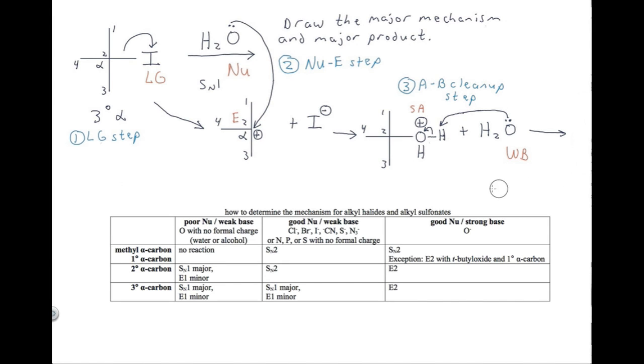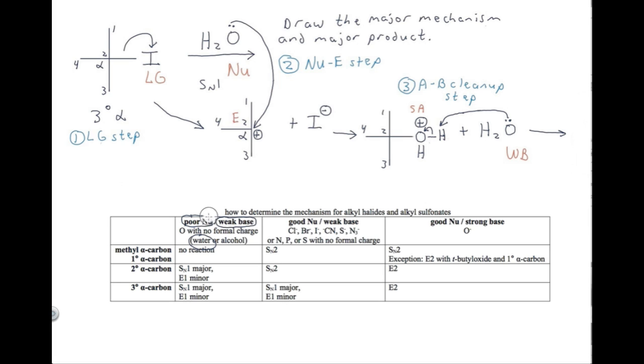So notice that we are using water twice in this mechanism. We use the water first as a nucleophile, and then we use the water again as a weak base. That's consistent with our table, isn't it? Because here's water, and notice that water is in the column for both poor nucleophile and weak base.